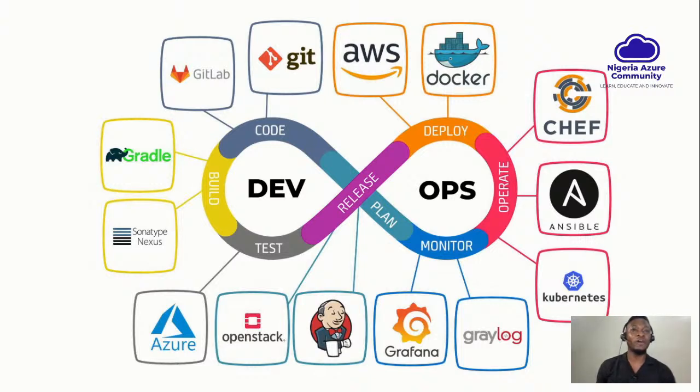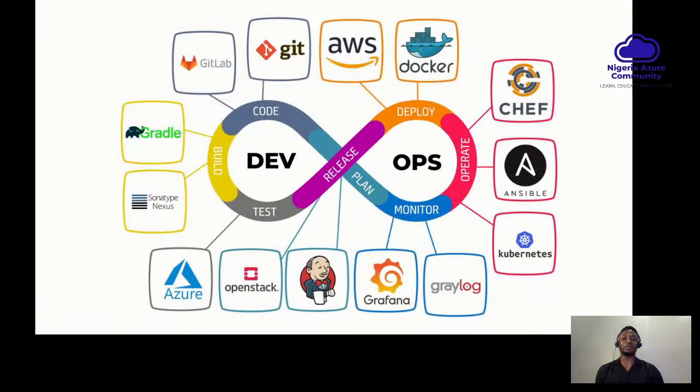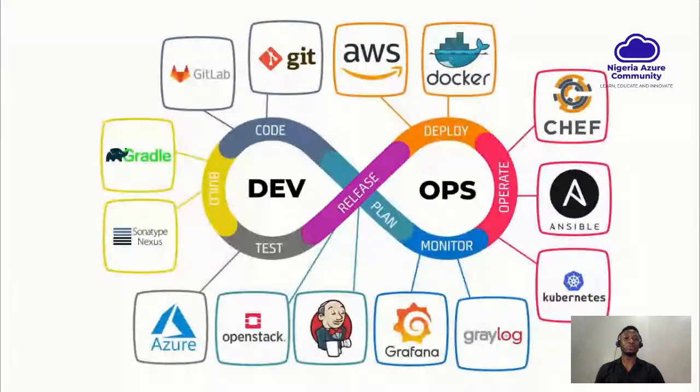And off the top, we have so many tools we work with as DevOps engineers. So we are required to have a solid grasp of so many different tools. I'm going to be speaking on each of these quickly.